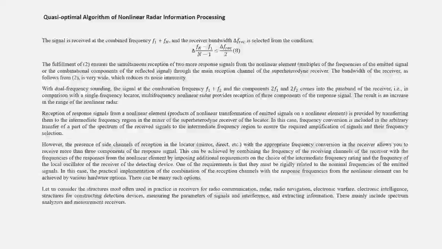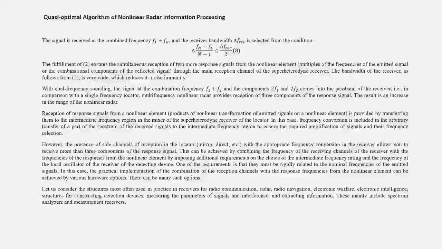In this case, frequency conversion is the arbitrary transfer of a part of the spectrum of received signals to the intermediate frequency region to ensure the required amplification of signals and their frequency selection. However, the presence of such reception channels on the locator with appropriate frequency conversion cycles allows receiving more than 3 components of a response signal.